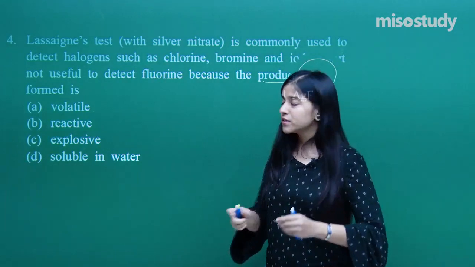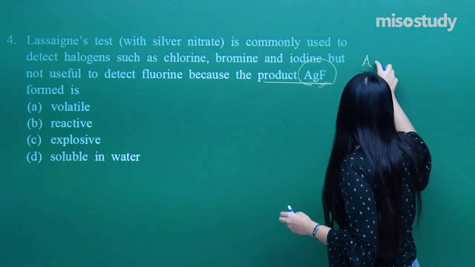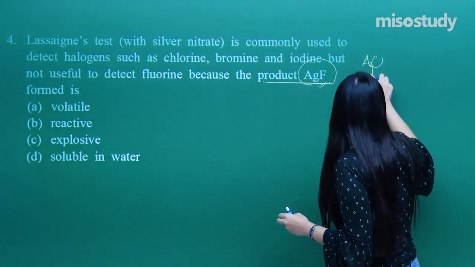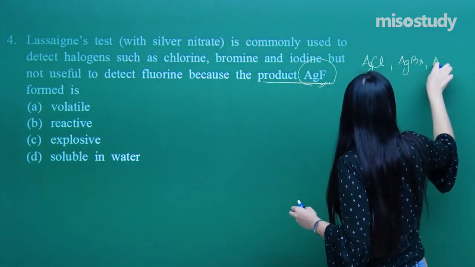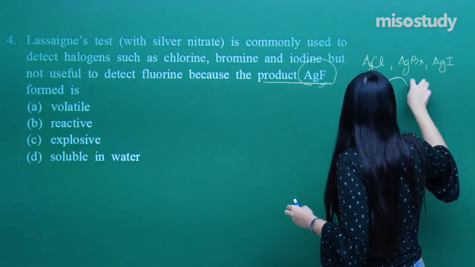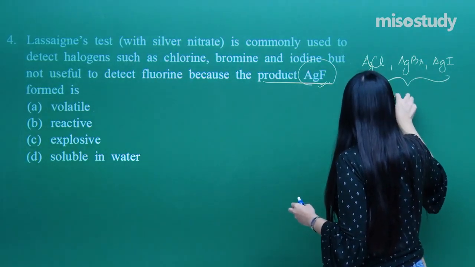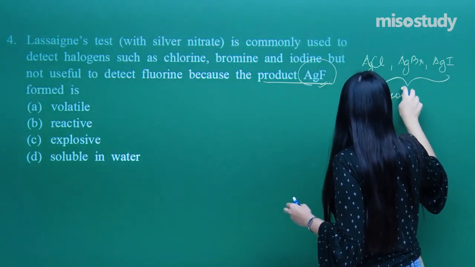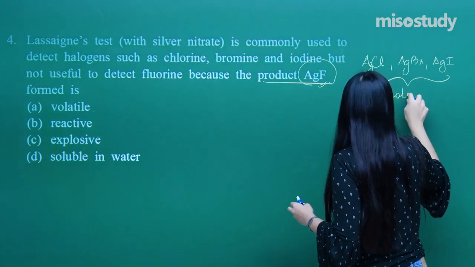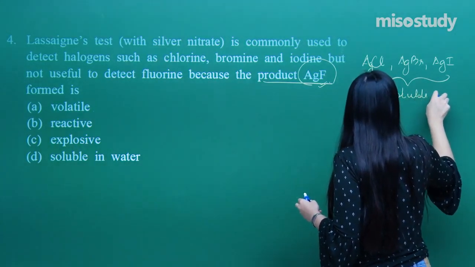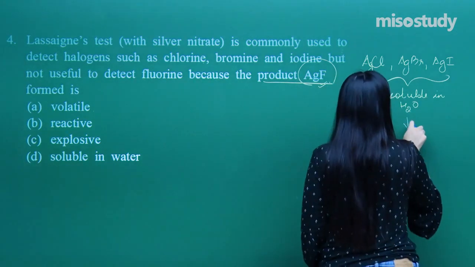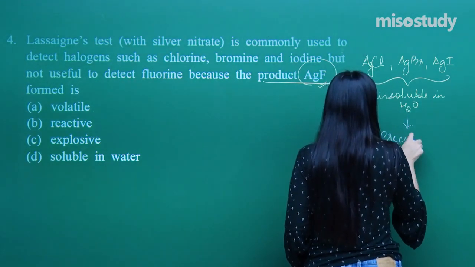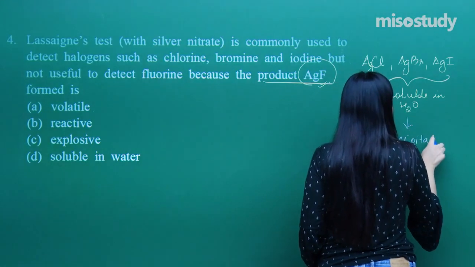That is the main thing, because what we obtain in the detection of halogens is AgCl, AgBr and AgI. All of these are insoluble in water, right. That is why they form precipitates. So that is quite a simple one.